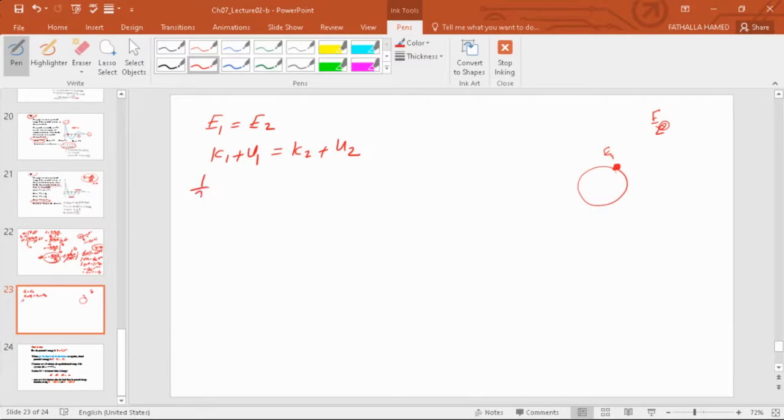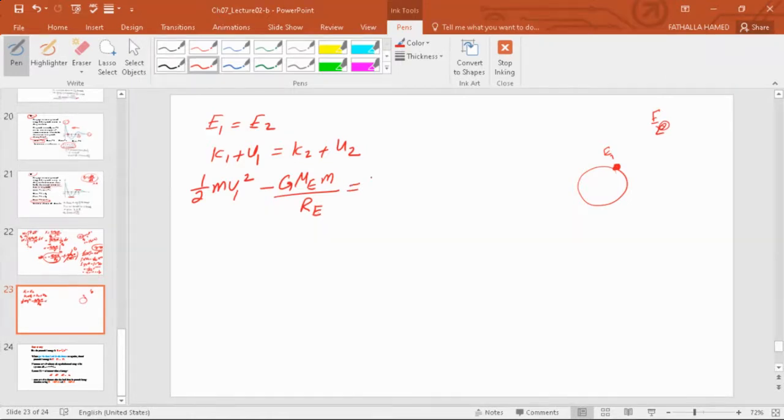Now, your K1 will equal 1/2 m v1 squared, but your potential U1 is going to equal minus G times the mass of the Earth, and by the way, you can do it for any planet, times the mass of the object over the radius of the Earth. That's what we did in the previous slide.